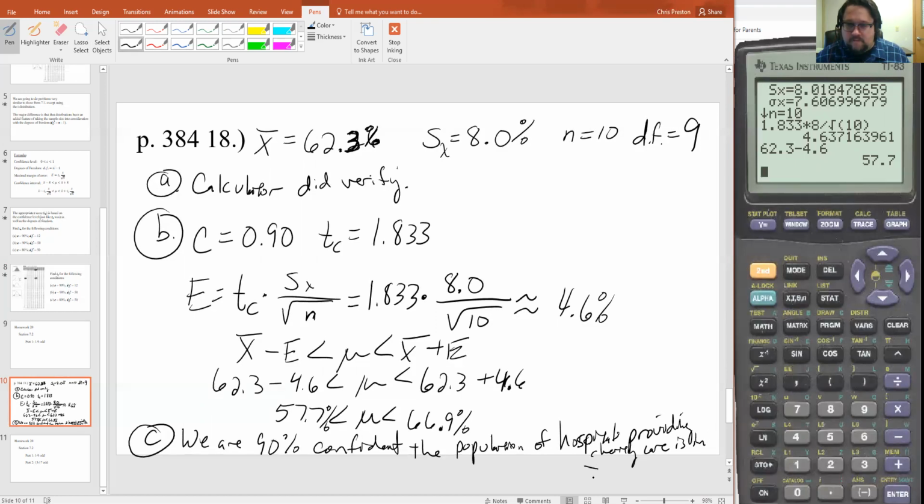Sorry, I'm in a position that makes it a little harder to write. And they're all kind of like that: we are this percent confident that this is in this interval. That's pretty much how all these are going to go.